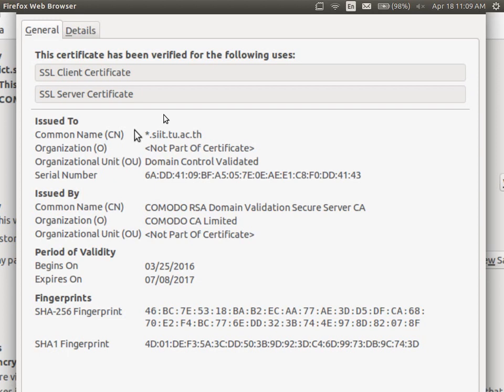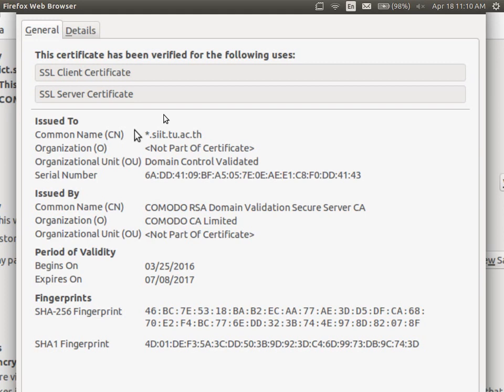SIT is the subject, more precise in this case. star.sit.tu.acth. Okay. Issued to, this certificate is issued by someone to the subject. So the subject is SIT, but more precisely, the identity is not SIT. The identity is a domain name. Well, here a special case, not a full domain name, but it uses a wildcard.